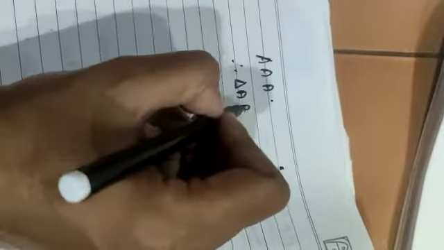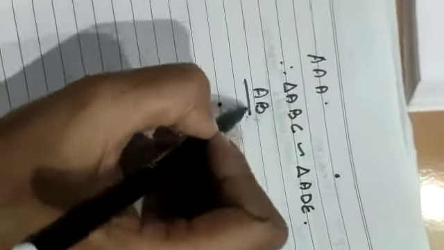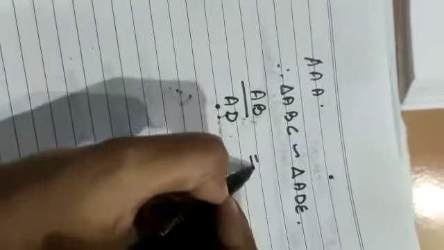So the triple A postulate applies. Which postulate? Triple A. So triangle ABC is similar to triangle ADE. If triangle ABC is similar to triangle ADE, it means the sides are in proportion.